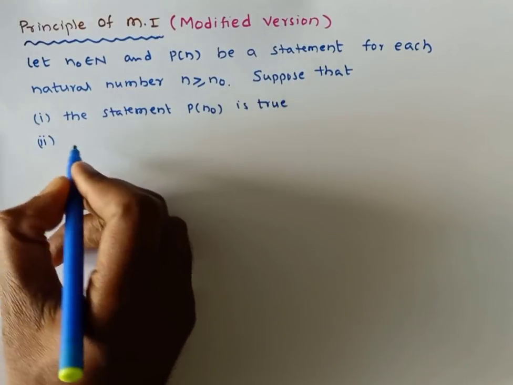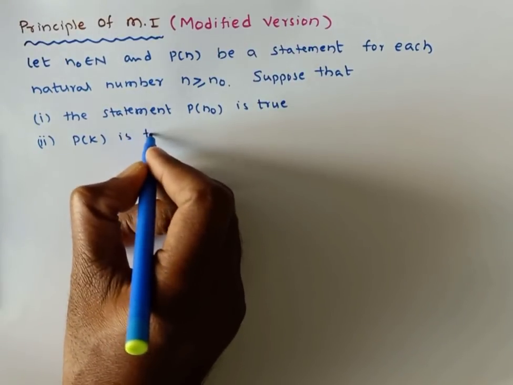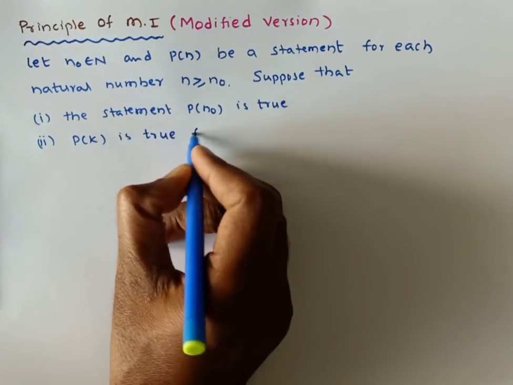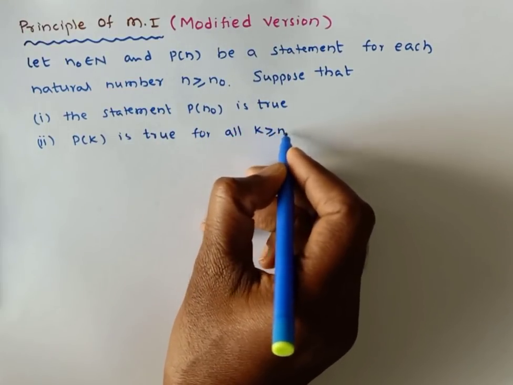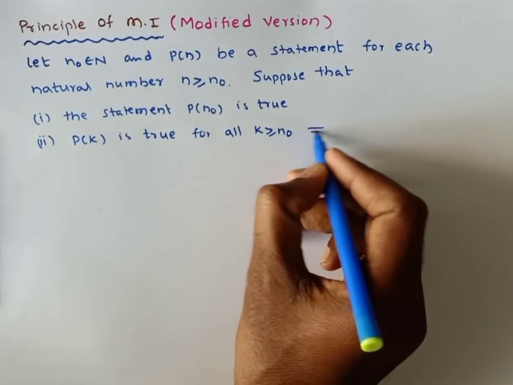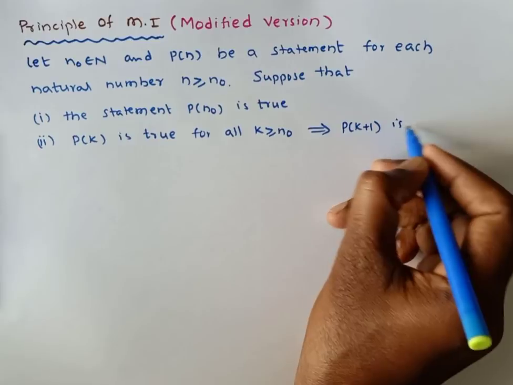And the second thing is P of k is true for all k which is greater than or equals to n naught. That implies P of k plus 1 is true.